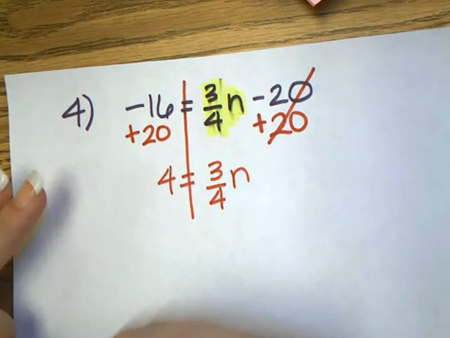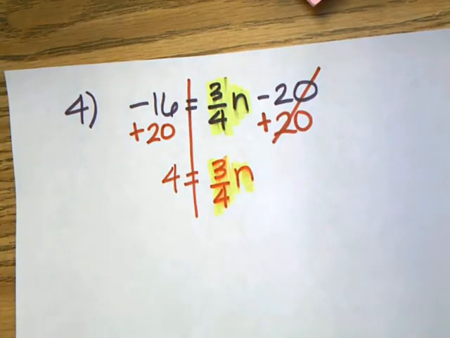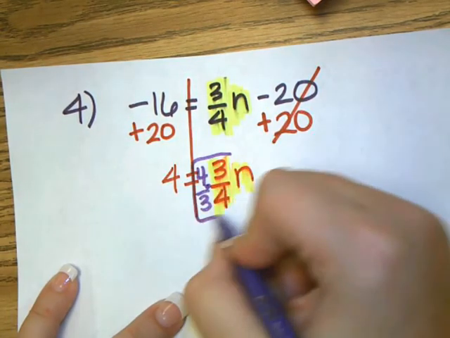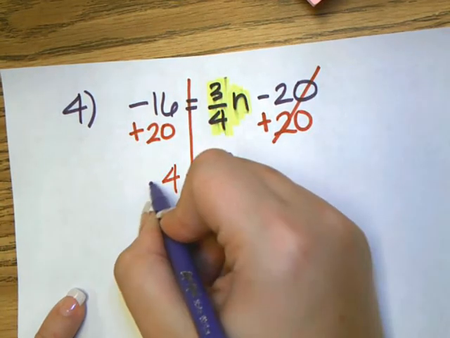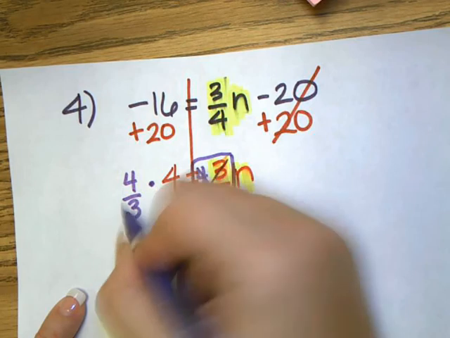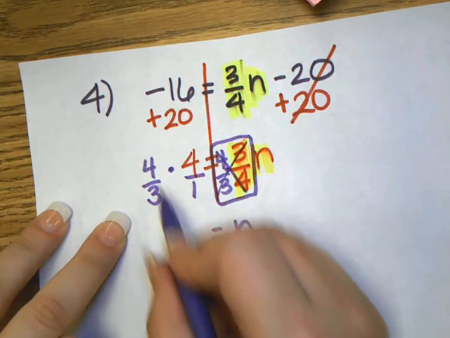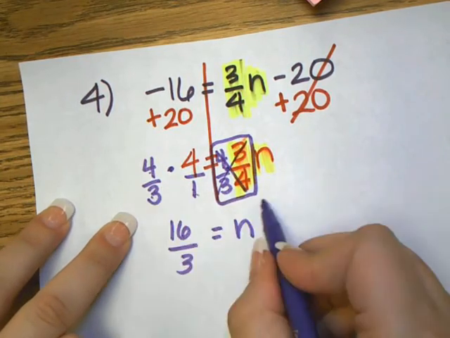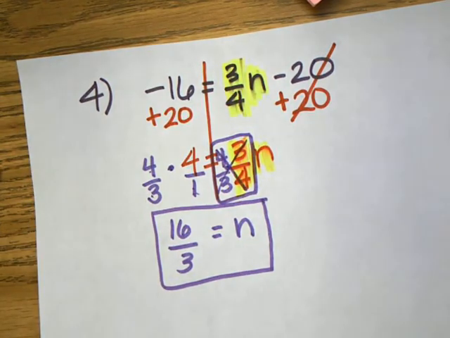So we got positive 4 equals, and now that this is all by itself, now we can multiply by the reciprocal. Since we can't divide with fractions, we're going to multiply by 4/3, so that this cancels. Since I multiply by 4/3 here, I need to multiply this side by 4/3. So we got 16, 4 times 4 is 16, 3 times 1 is 3, because we can't cross simplify.